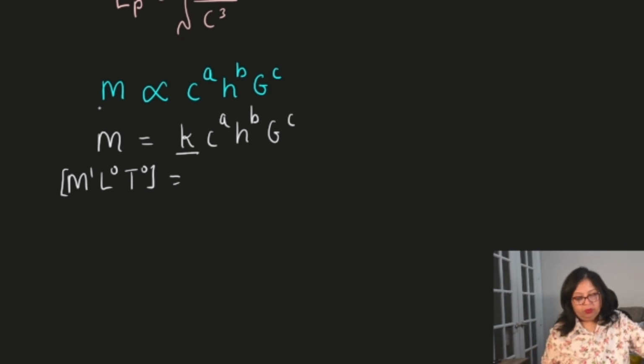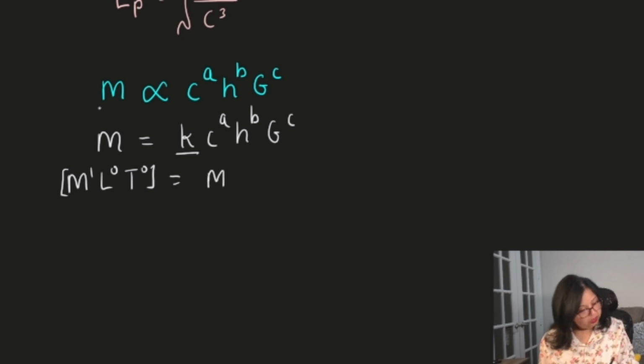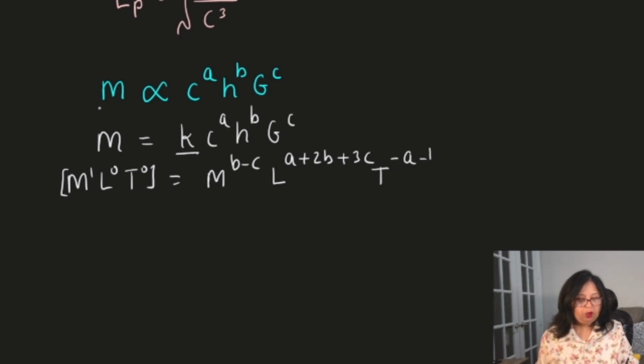And c to the power a, h to the power b, and g to the power c will give you exactly the same equation, which I do not have memorized, but I have it written here. This will give you M to the power b minus c, L to the power a plus 2b plus 3c, and I do remember this, T to the power minus a minus b minus 2c.